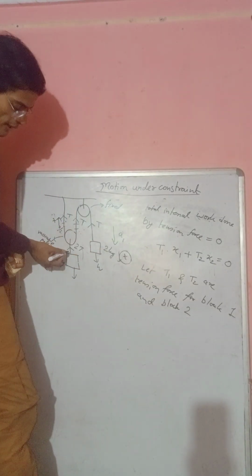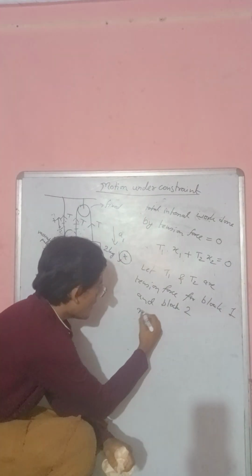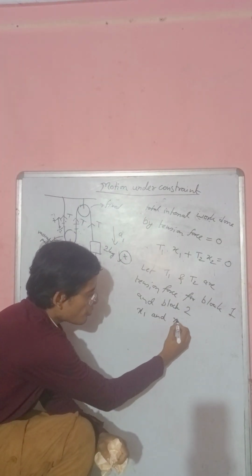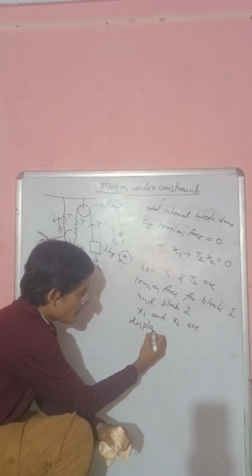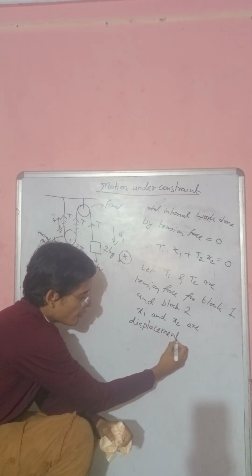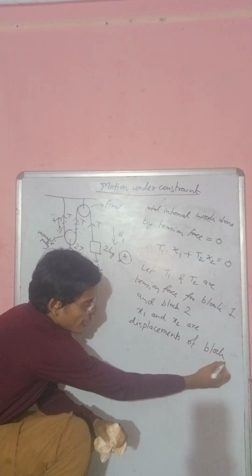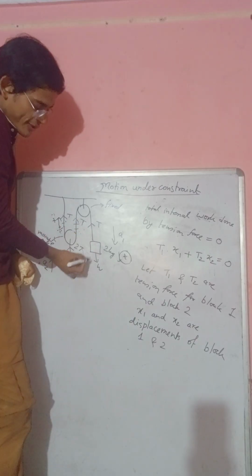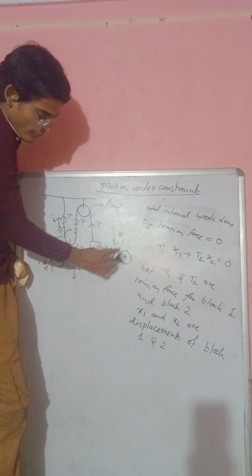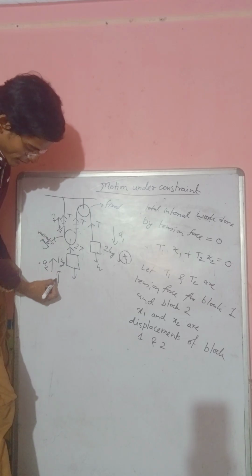And also x1 and x2 are the displacements of block 1 and 2. That means x1 is the displacement for this block, and for this block it is x2.